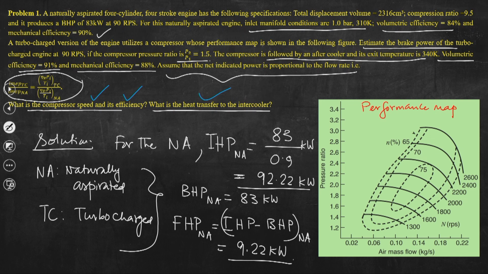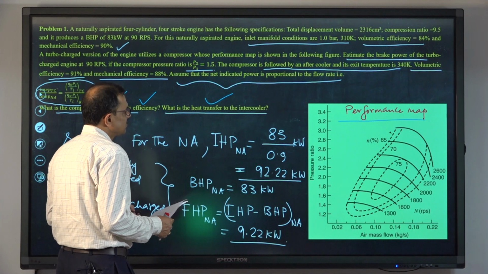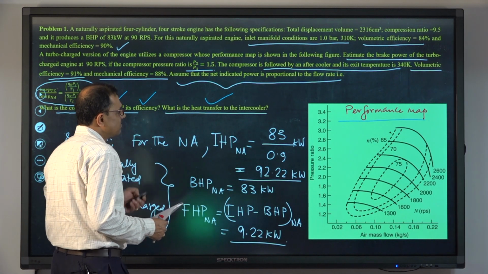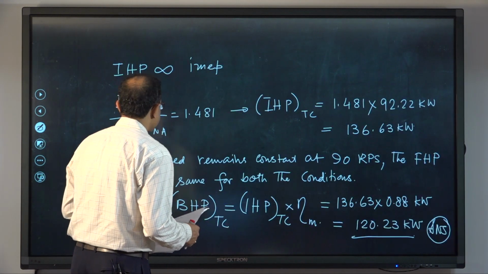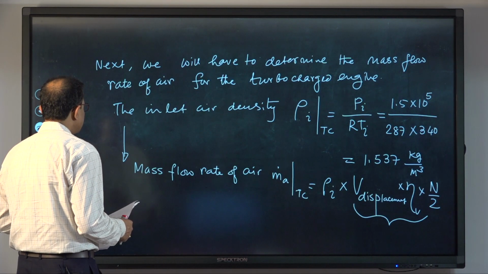So, if we need to know compressor speed, we need to use this performance map, and let me tell you the procedure of using this particular map to get some information about the compressor.